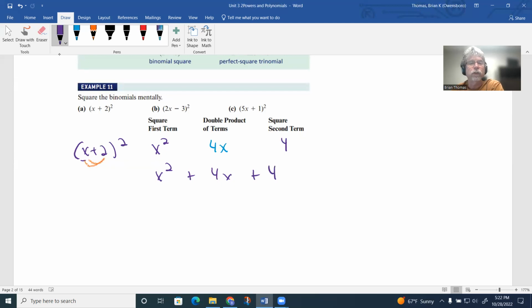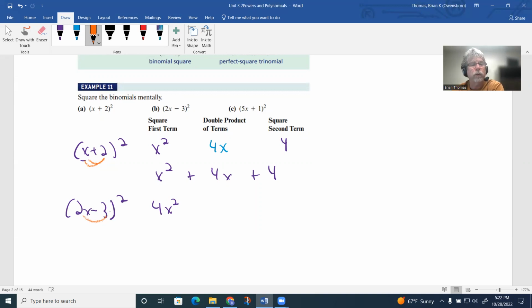So if I have 2x minus 3 squared, if I want to do that without using FOIL, our strategy is square the first term. So 2x times 2x is going to be 4x squared. To get the middle term of the trinomial, you multiply the 2x times -3, and you double it.